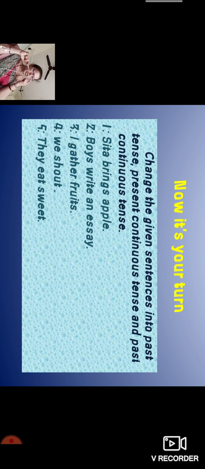Next one is write. The past tense of write is wrote, w-r-o-t-e, wrote. And writing, w-r-i-t-i-n-g, writing is the present participle, right? Then comes gather. Gathered, g-a-t-h-e-r-e-d, gathered. Gathering, g-a-t-h-e-r-i-n-g, gathering.